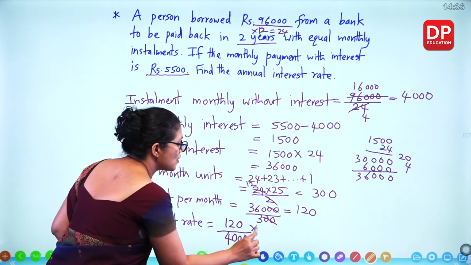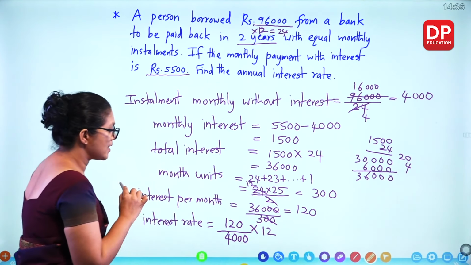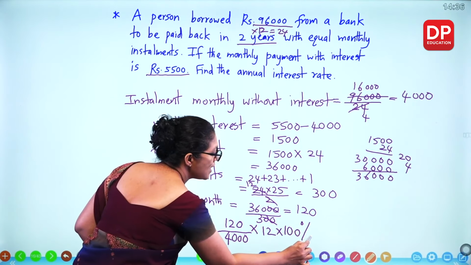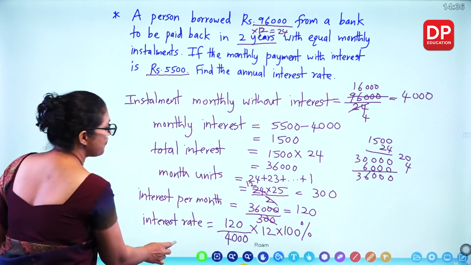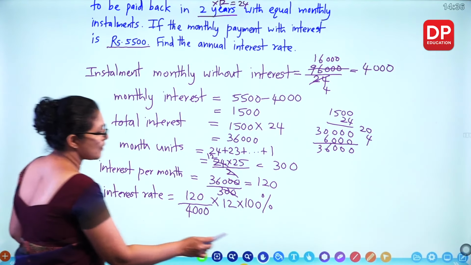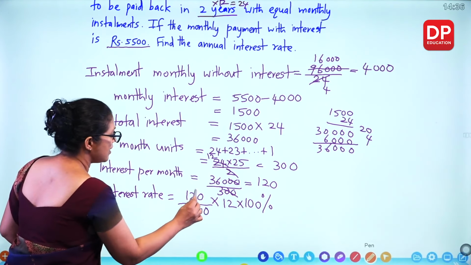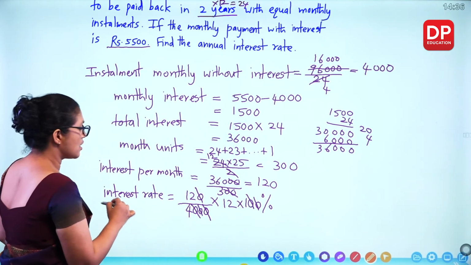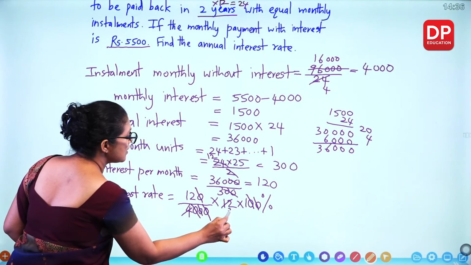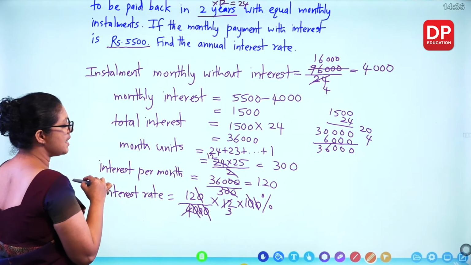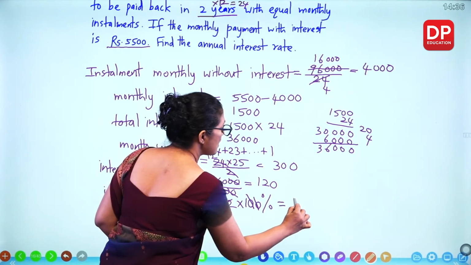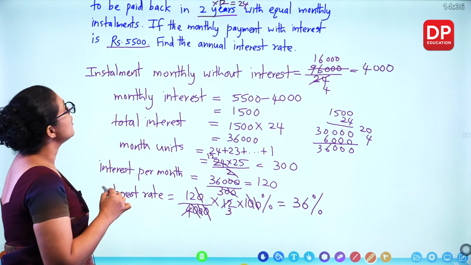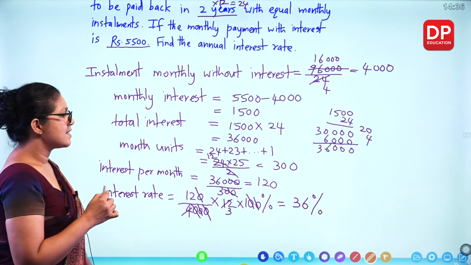We need this for annually, so for 12 months, and as a percentage you multiply by 100. So what you get here? When you multiply 0, 0 and 2 zeros get cancelled out. 4 times 3. 12 times 3, you get 36 as the percentage value. The interest rate is 36%.